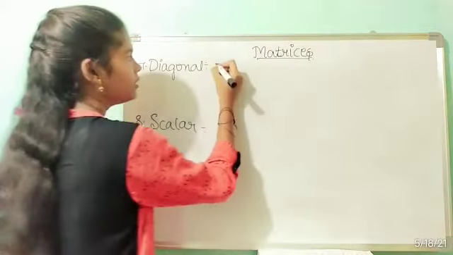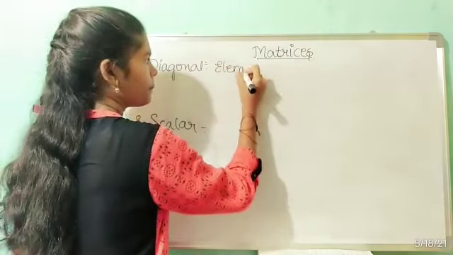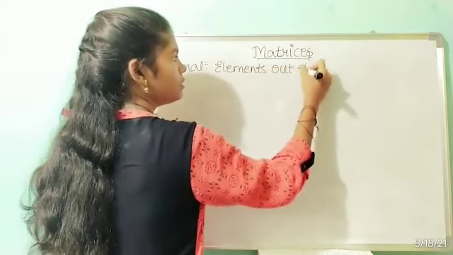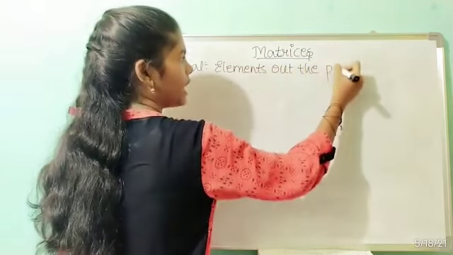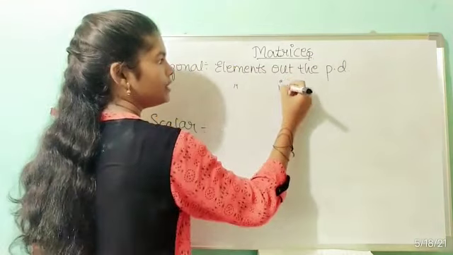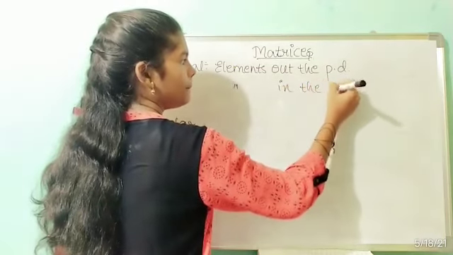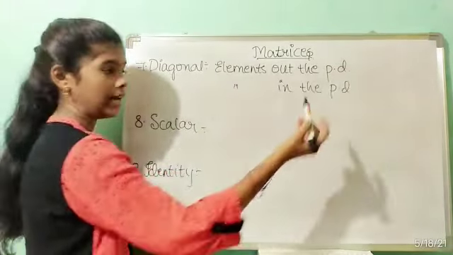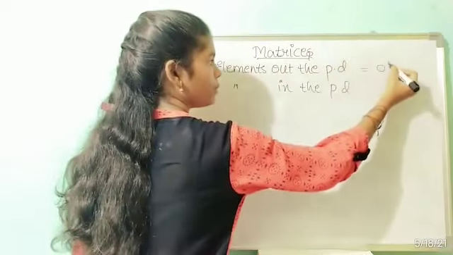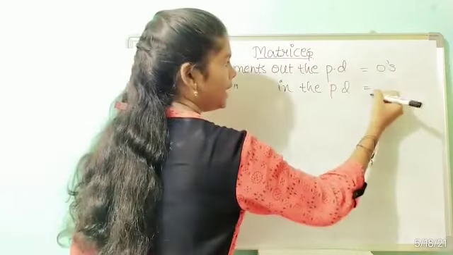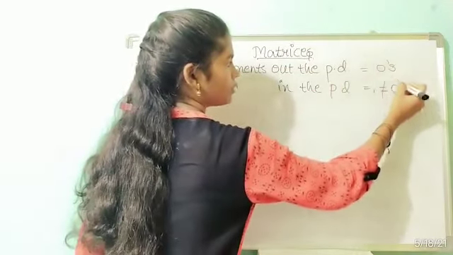I mean elements outside the principal diagonal, elements inside the principal diagonal. So elements outside the principal diagonal must be equal to 0. And the elements inside the principal diagonal may or may not be equal to zeros.